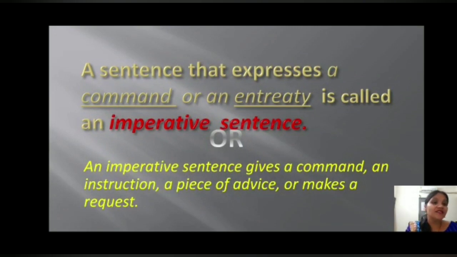Next is imperative sentence. Now what does an imperative sentence say? A sentence that expresses a command. A sentence that commands something or is an entreaty is called imperative. An imperative sentence gives a command.